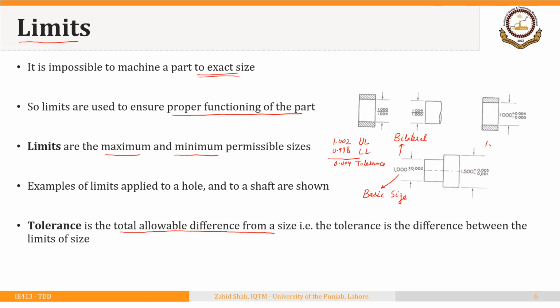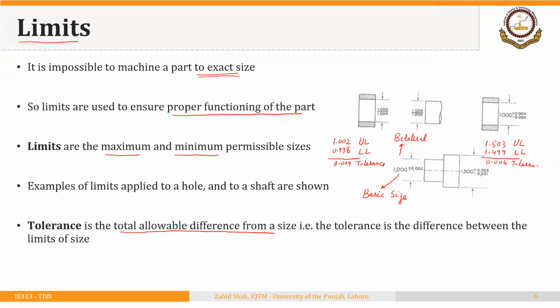So 1.503 is the upper limit, and lower limit will be equal to 1.499 because we are having a size of 1.500 plus 0.003 minus 0.001. So the lower limit will be 1.499 and the difference of the two here is 0.004 as well. So that is the tolerance.